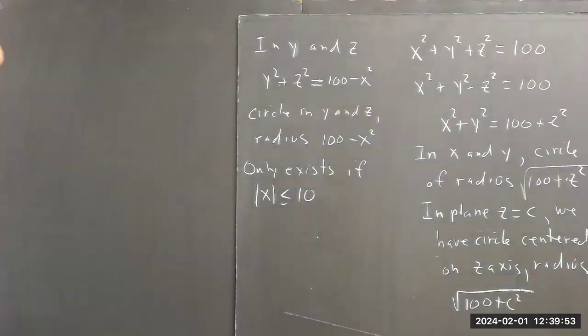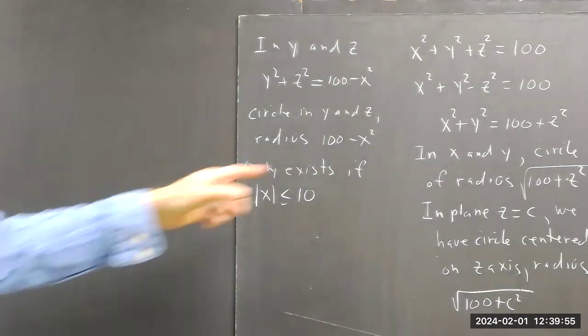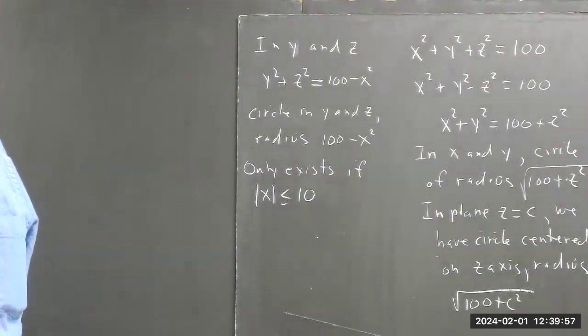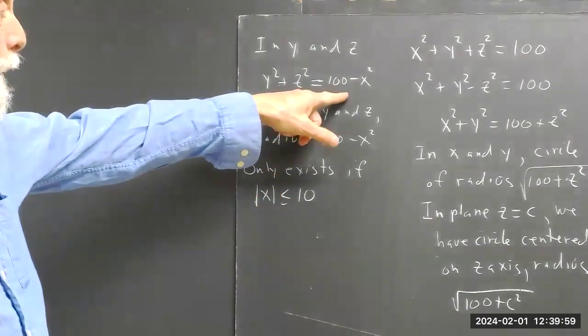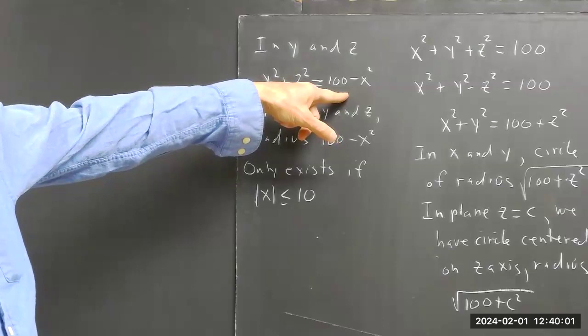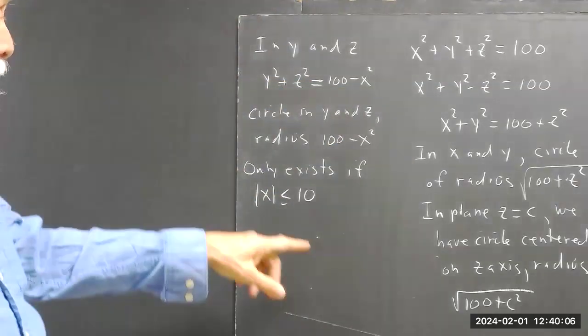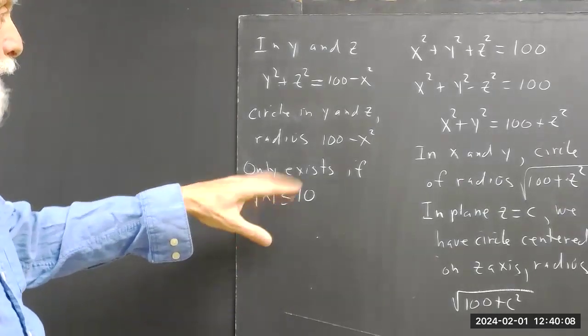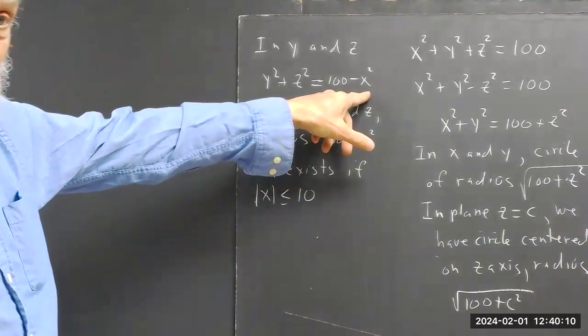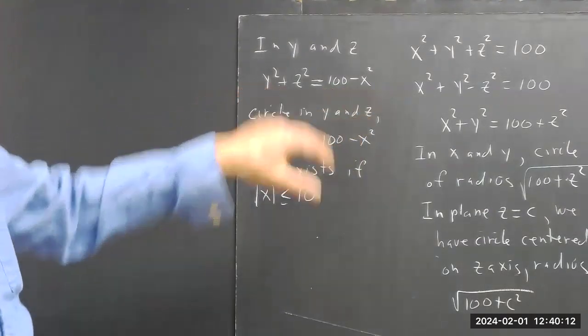It only exists if the magnitude of x is less than or equal to 10, because the square of your radius can't be negative. Or looking at it differently, if the absolute value of x is more than 10, then this is negative, and two squares can't add up to a negative.